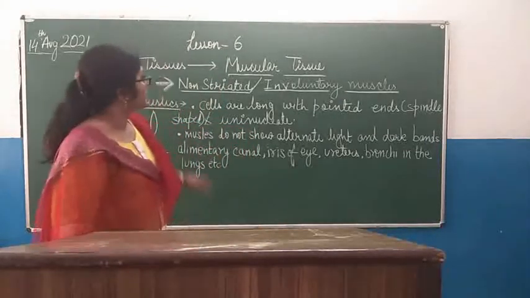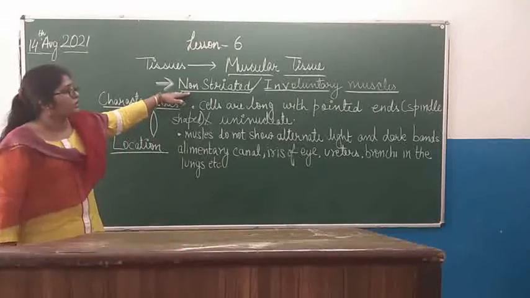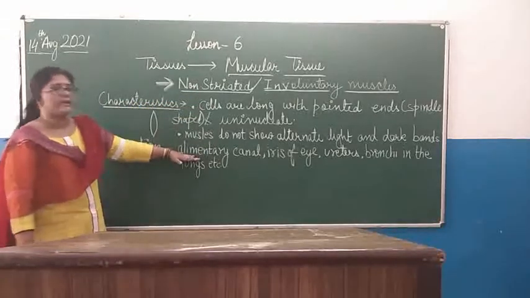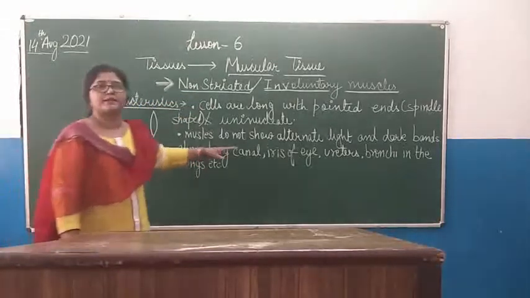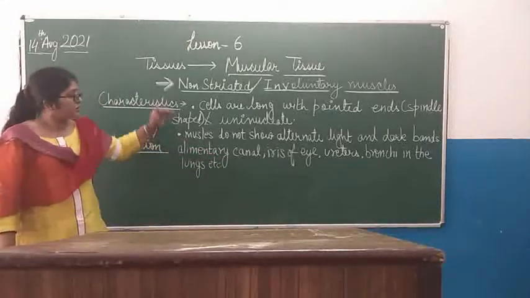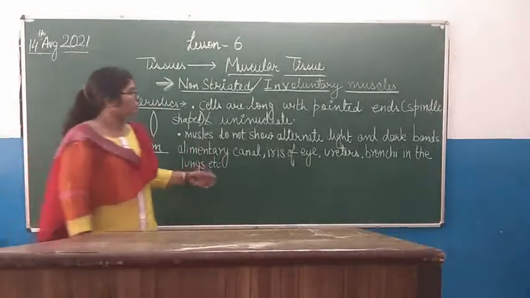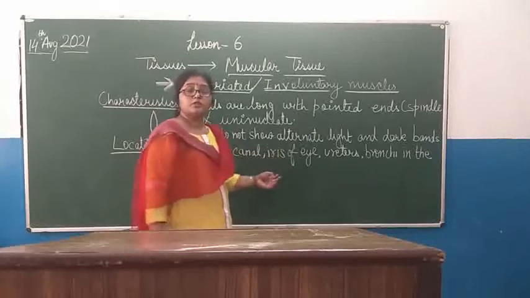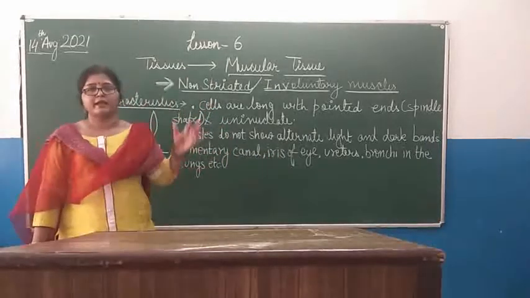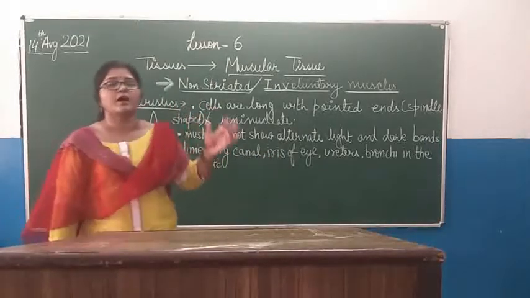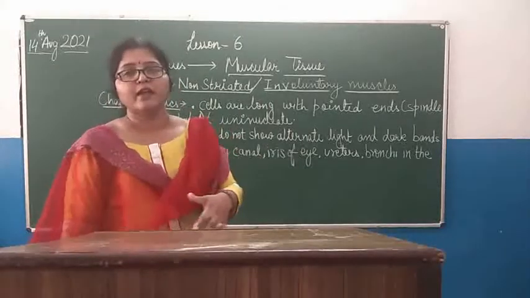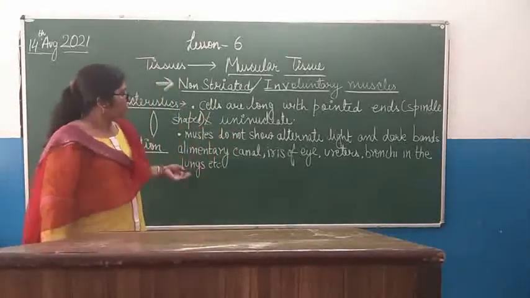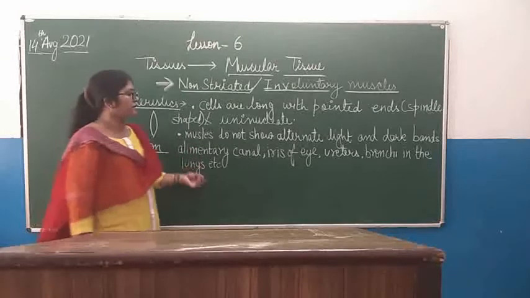Similarly, these are the functions of non-striated or involuntary muscles, like I told you, to help in the peristalsis movement due to which the food moves down to the stomach. Not only to the stomach, but the alimentary canal that starts from our buccal cavity to the anus, पर complete है, तो वहाँ पर food के movement में help करते हैं.